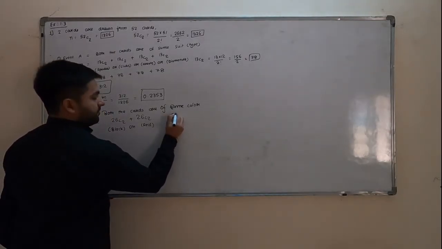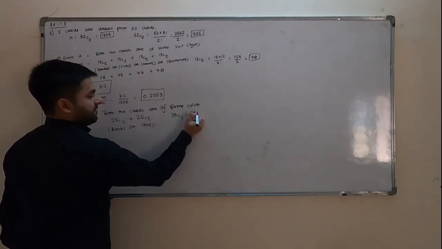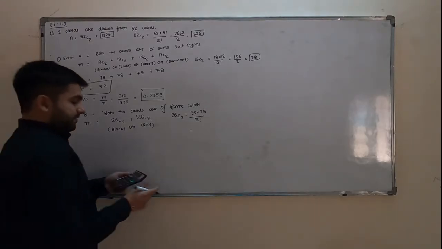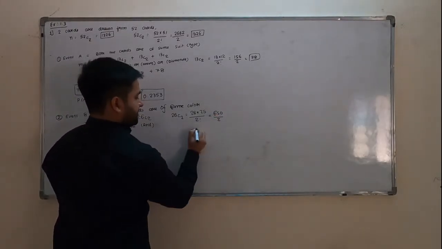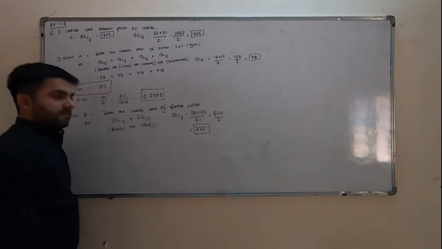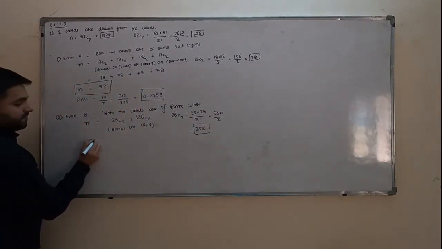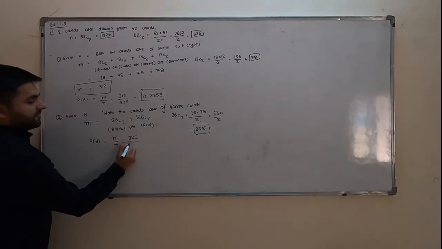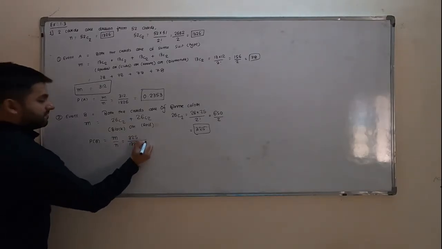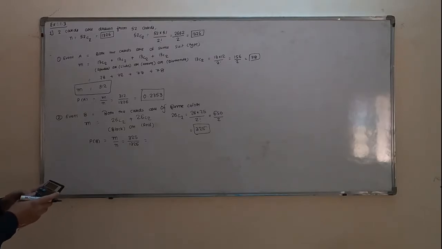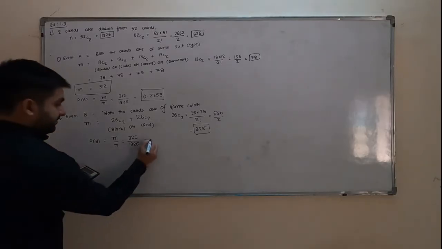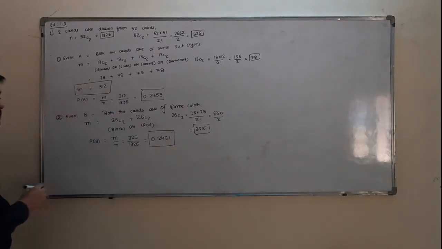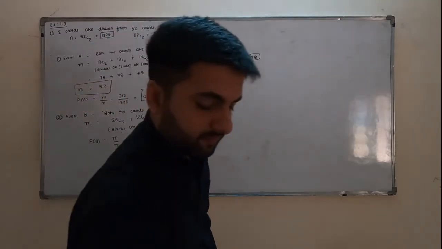So 26C2 is equals to 26 into 25 by 2 factorial. 26 into 25 is 650, by 2 is 325. P of B, m by n, 325 divided by 1326. That is 0.24509, so 0.2451 I have rounded off. Okay, so this sum is over.